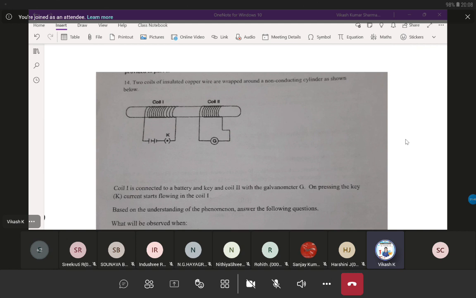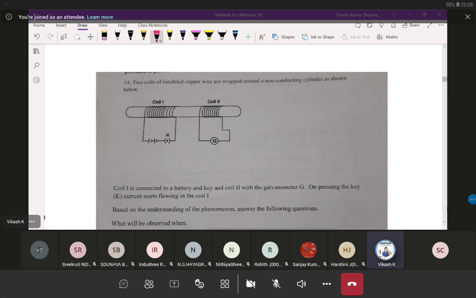There are two coils of insulated copper wire wrapped around a non-conducting cylinder. So the cylinder is conducting or non-conducting? It is a non-conducting cylinder, as shown below. Basically you have two solenoids. This is one solenoid, this is the second solenoid, or you can say two coils are there: coil 1 and coil 2.